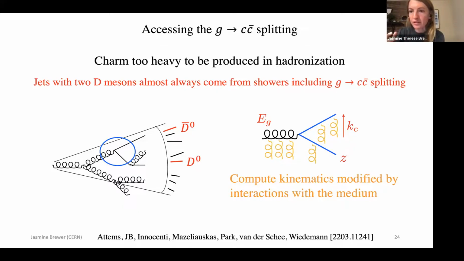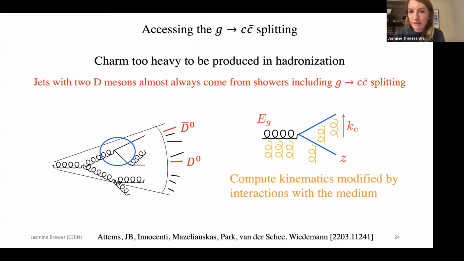In general, it's very hard to tell whether you had a gluon splitting to two quarks. But if you have a gluon splitting to two charm quarks, then it's easy, because you can't produce the charm quark in hadronization by itself. If you find hadrons containing charm in your jet, then you know there was a charm quark in the shower, because you can't have produced those hadrons in any other way.